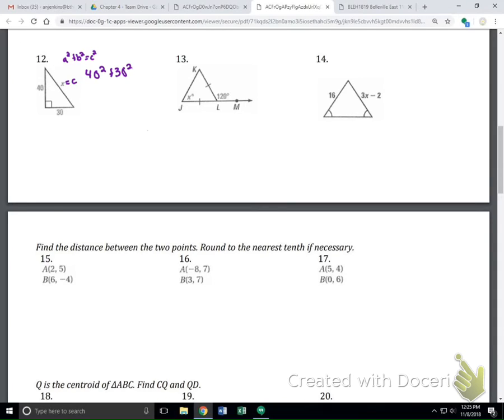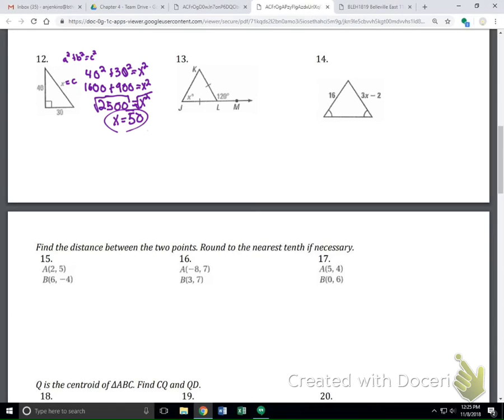Let's change it to x squared. 40 squared is going to be 1,600, and then 30 squared is 900. We actually did a problem just like this earlier on the review. This is going to give us 2,500 equals x squared. I'm going to square root both sides. When I square root both sides, I get x equals the square root of 2,500, which should just be 50.